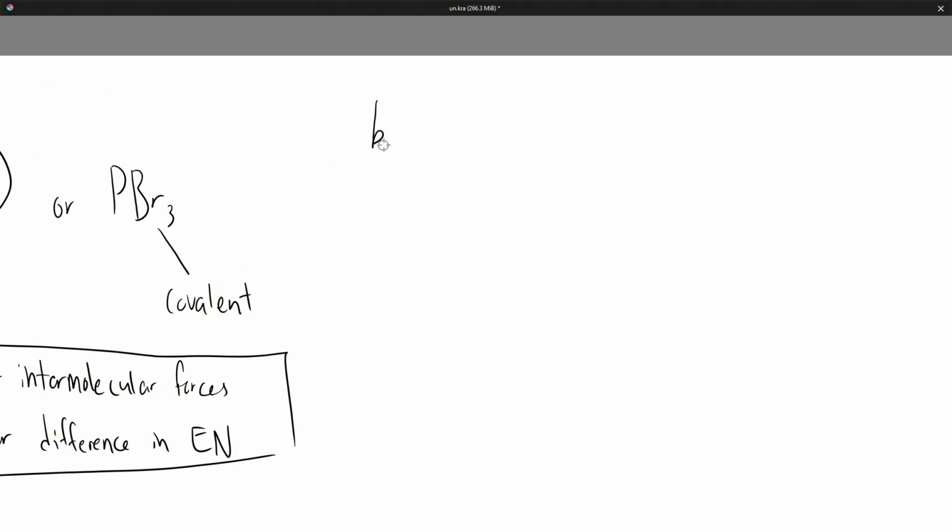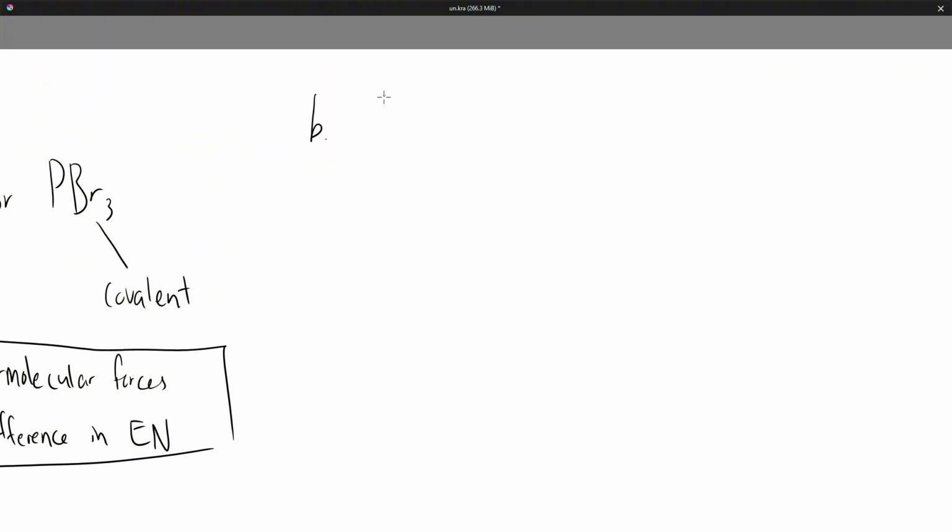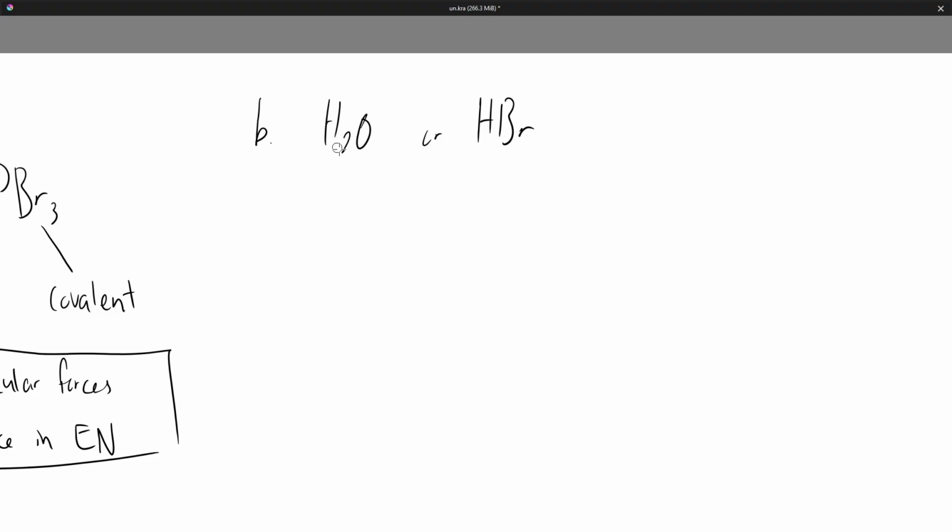For B, it's water, H2O, or HBr. I think it's hydrobromic acid. Let's look at this. Hydrogen is bonded to oxygen. Which bond does that make? Well, I can only wait for you to answer it, so I'll say it myself. It's a hydrogen bond. It's one of the strongest bonds in terms of intermolecular forces.